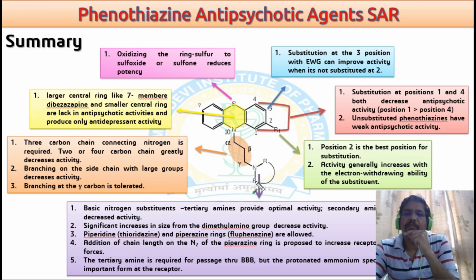Similarly, for the terminal changes, the gamma terminal in the form of amines may be alicyclic amines or aliphatic amines. In case of alicyclic amines, piperazine gives the optimum effect as compared to aliphatic or piperidine. But if we change to morpholine, then activity decreases.